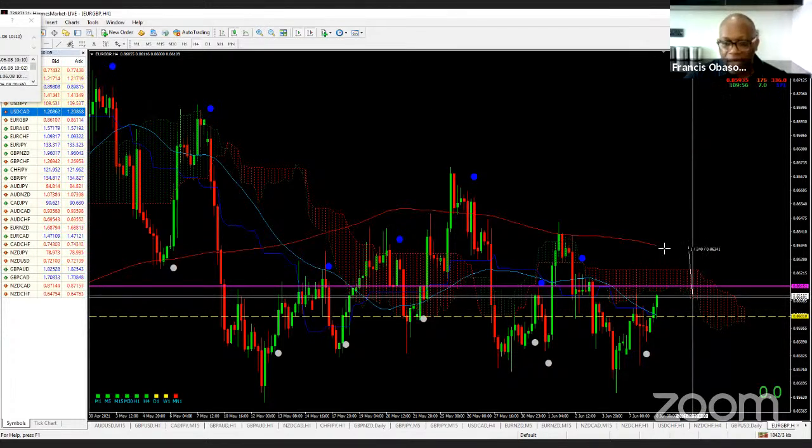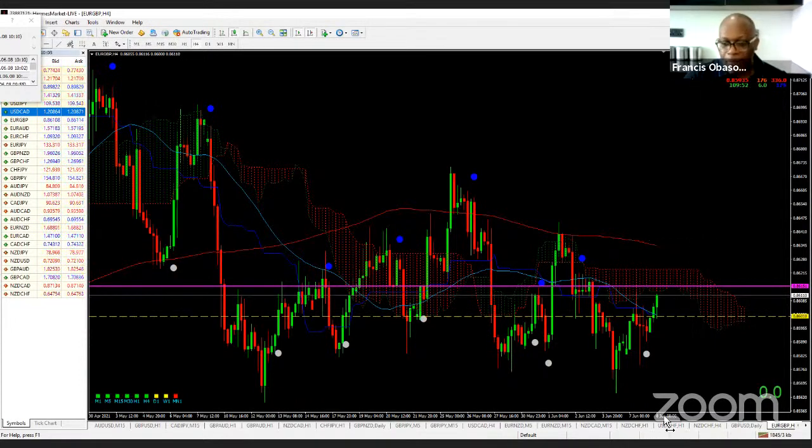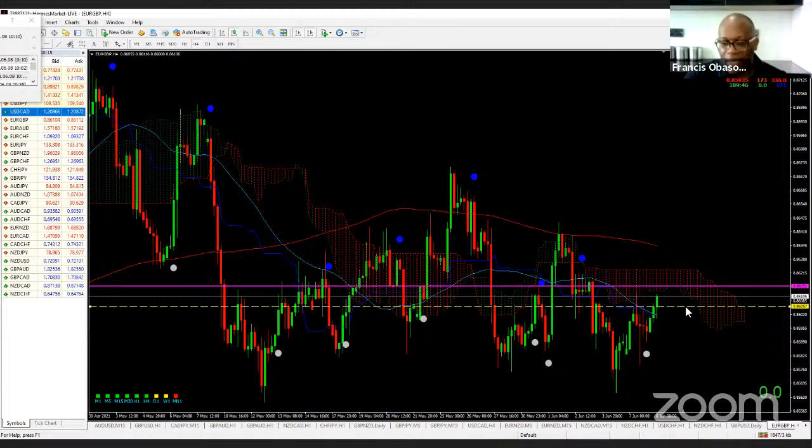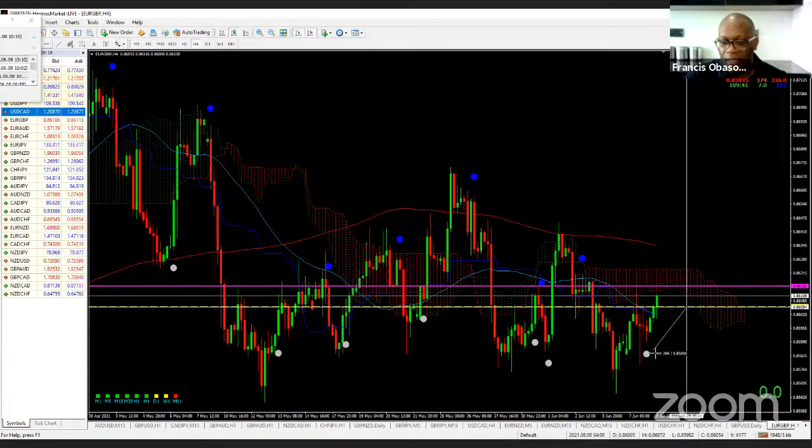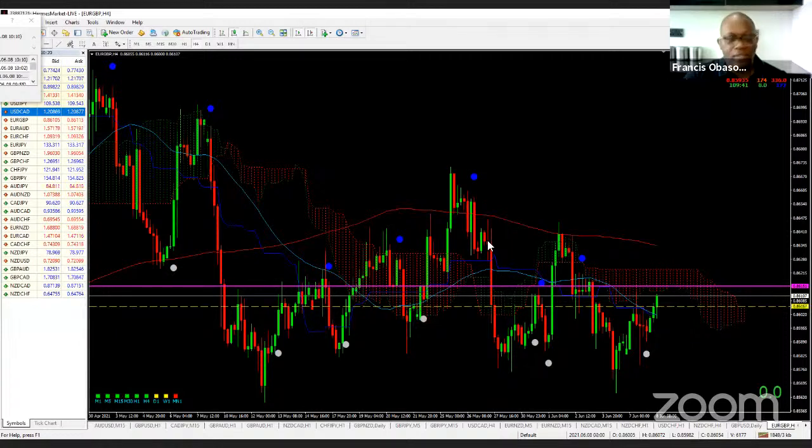Even if it's to get 25 pips out of that. I suppose I could even get in here. That'll be fine as well. It's going to be a risk of 1-to-1.